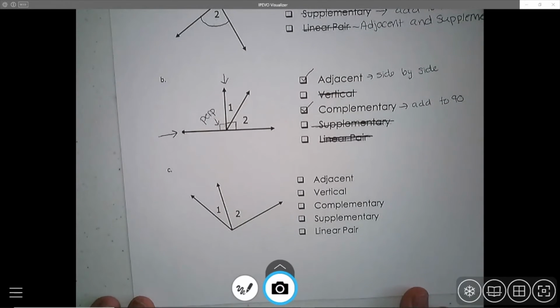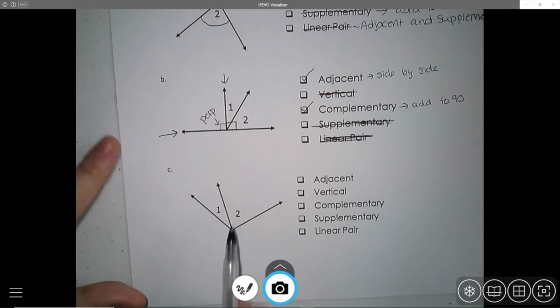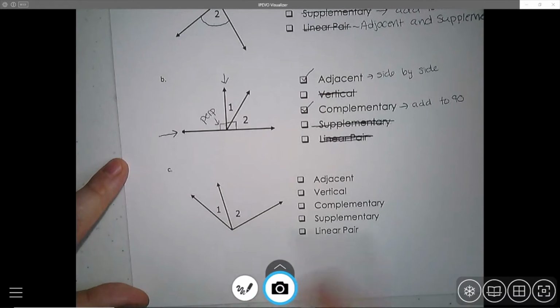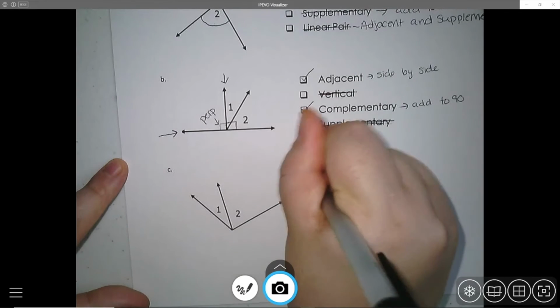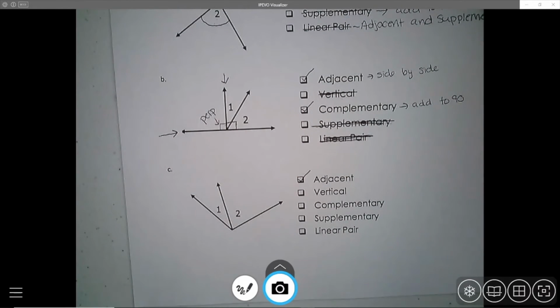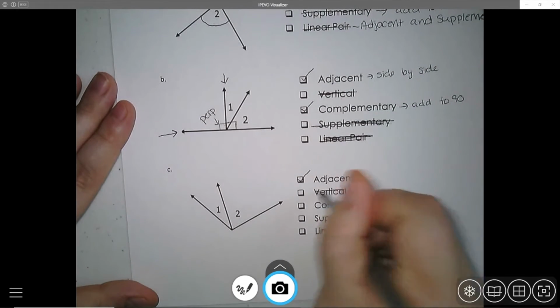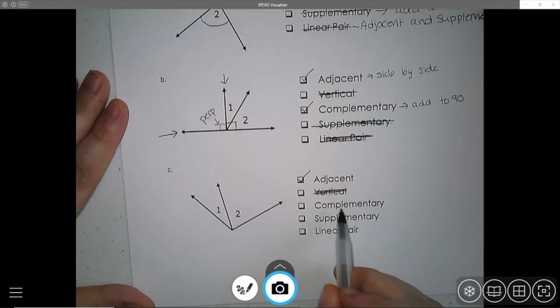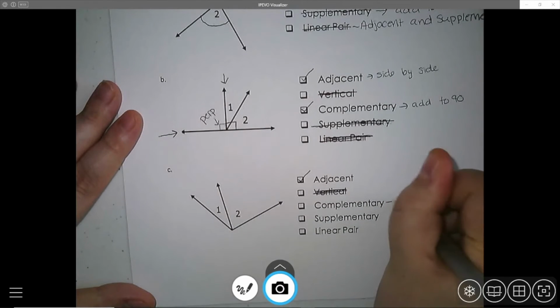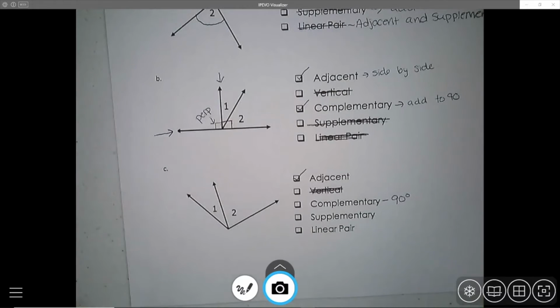Okay, going down here to the next one. I look and I say adjacent. Are 1 and 2 side by side? Yes. Now, if they are adjacent, they are not vertical. Okay, complementary. Do these add to 90 degrees?